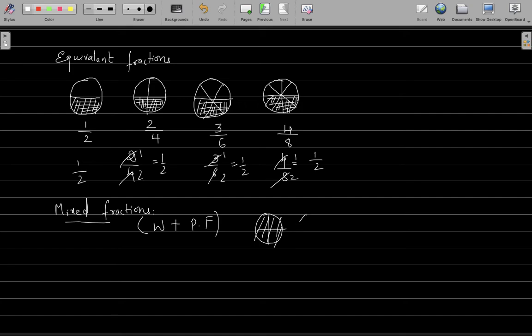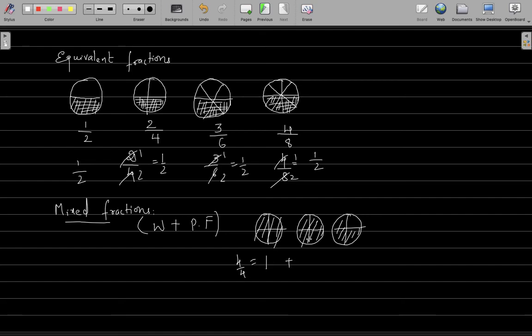Say I have another whole object which I have divided into 4 parts, and I am considering all the 4 here also. And say I have another whole object, I am dividing it into 4 parts, but this time I want to consider only 3 parts of the 4 parts. That means I am taking this one whole, because this is 4 by 4. 4 by 4 is nothing but 1.